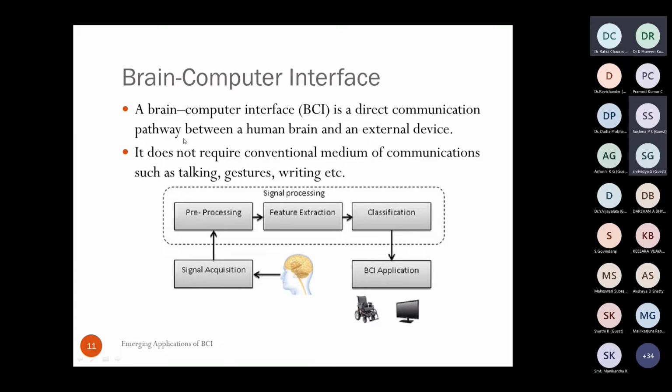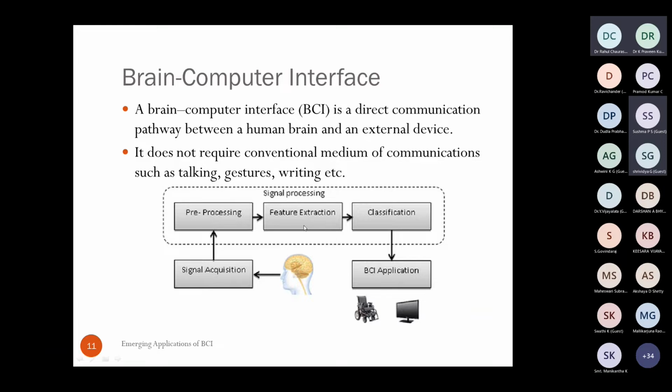It's a direct connection from the brain, using those EEG signals, to that particular device without your other skills: talking, gesture, writing, etc. It is mostly useful for people in coma or people who are physically disabled or cannot do motor activity, who cannot move their hands or talk, but still want to communicate with people. So you have to start with acquiring the EEG signals from the person. You have to do pre-processing like filtering the signals and dividing into subbands.